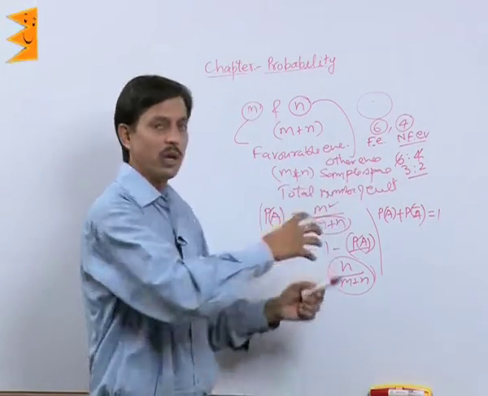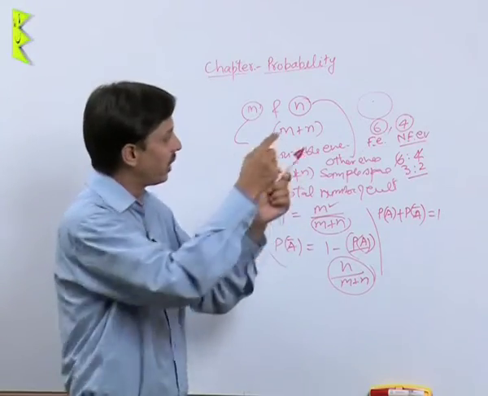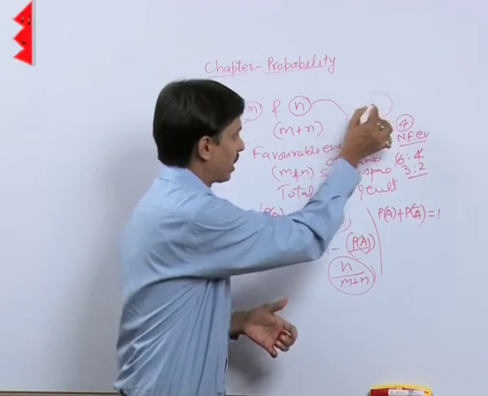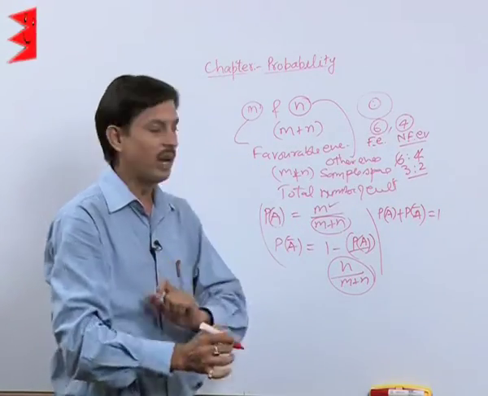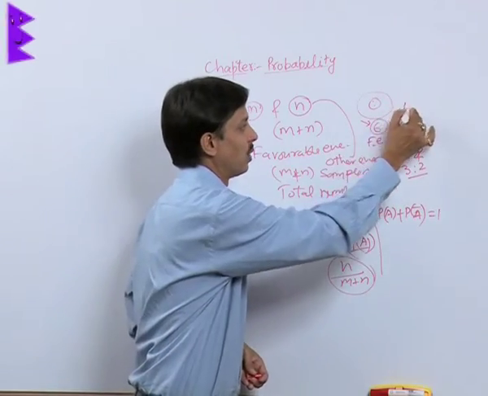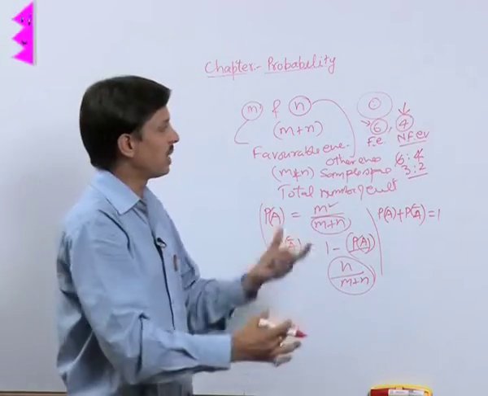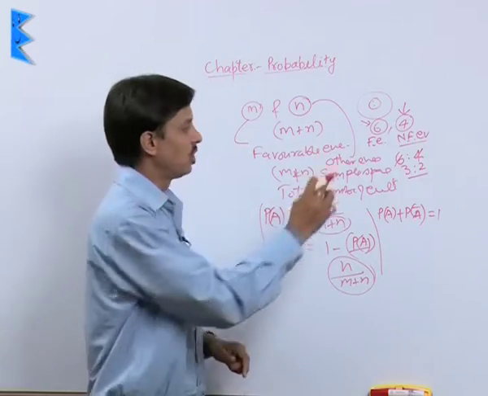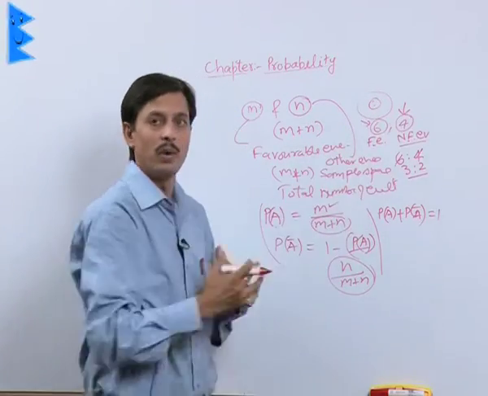As I told you, if I was allowed to hit this target 10 times and I practiced it and found 6 times I was successful and 4 times unsuccessful, or you can say out of a question paper of 10 questions, 6 you have solved and 4 you have not solved.